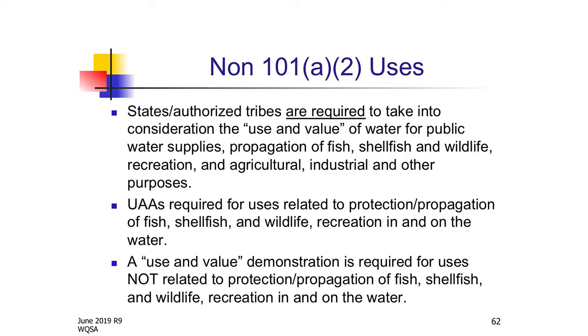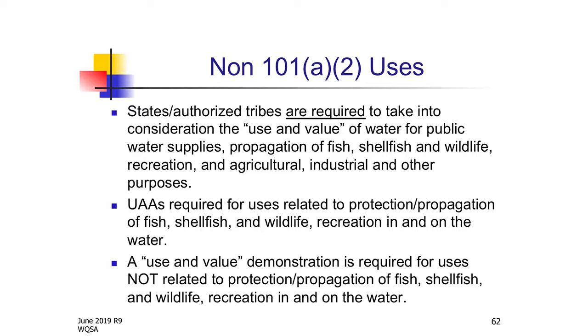Yeah, it gets all the way back to the 303C2A of the Clean Water Act, which is more inclusive, and it kind of includes all those. It includes what we see here: the public water supplies, propagation of fish, shellfish, and wildlife, recreation, and the agriculture, industrial.